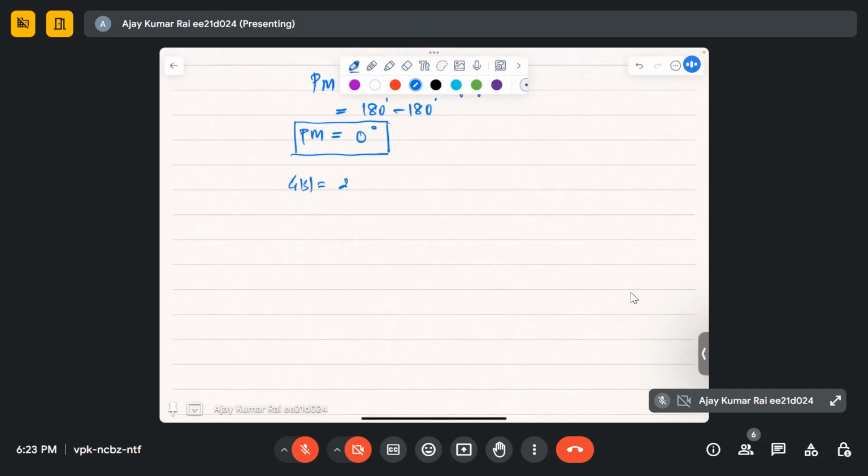So G(s) is 2 into (1 minus s) over (1 plus s) whole square. I don't know whether we can plot this.